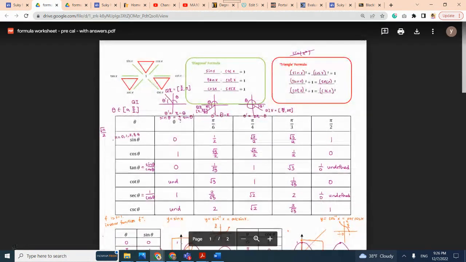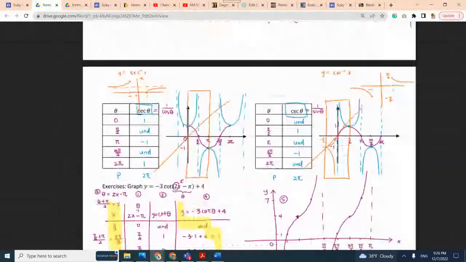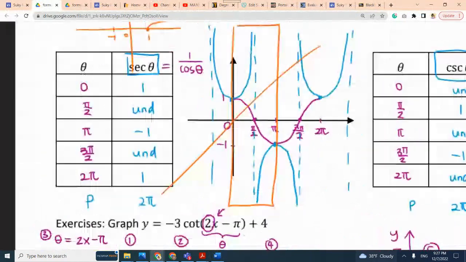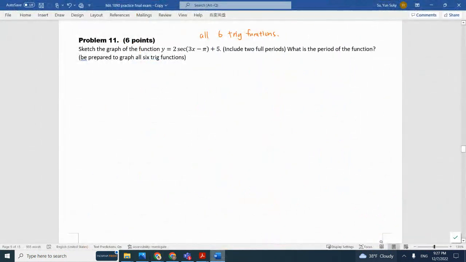So that's why here we are looking for what? Secant. This one, the blue ones. The angles we look at are 0, pi over 2, pi, 3 pi over 2, and 2 pi. Okay, so draw the table. We have x, and the theta here is 3x minus pi, and secant theta.